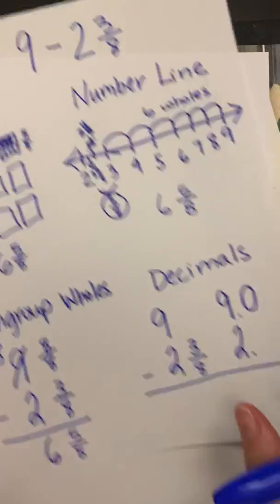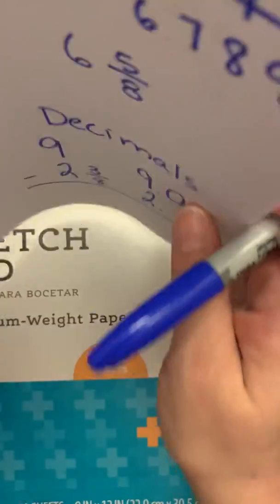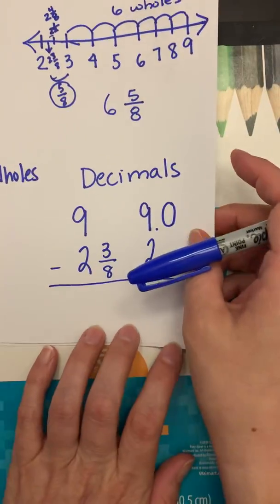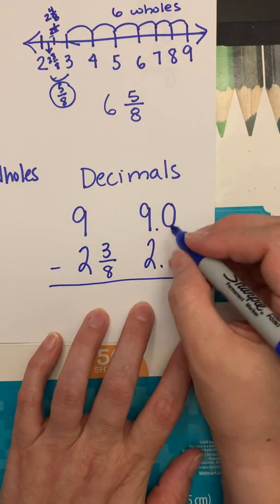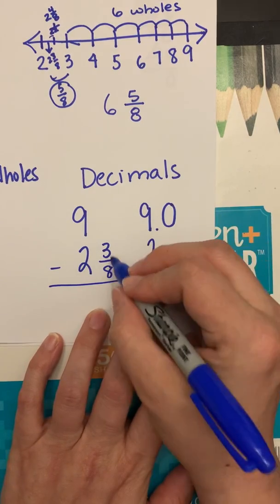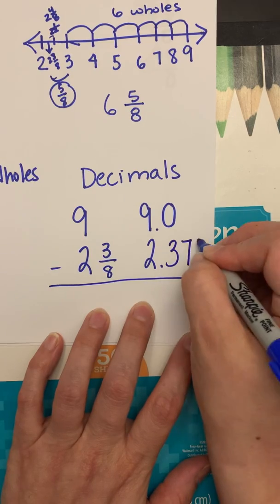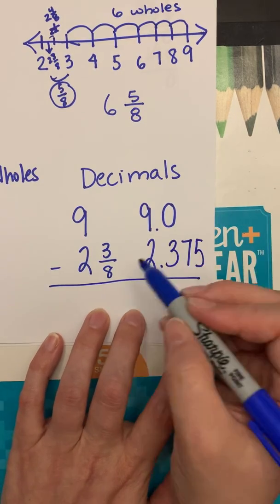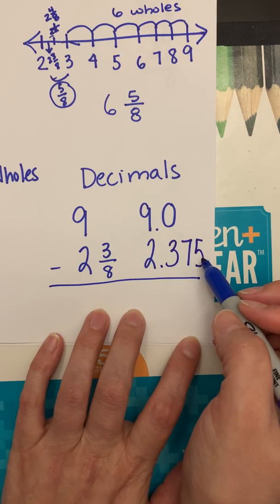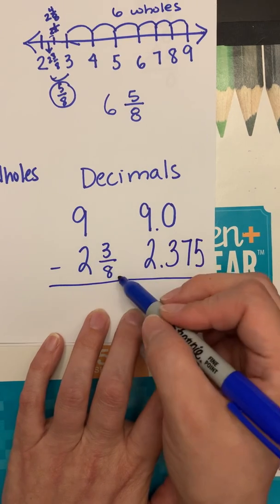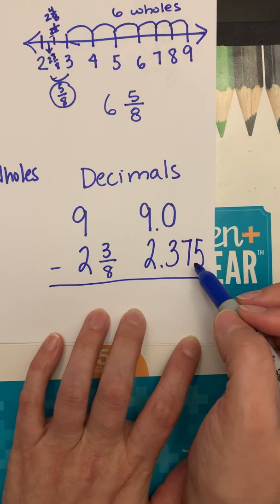So we can actually use that to do our decimal subtraction here. So instead of writing 3/8, I'm going to write 375 thousandths. So 2 and 375 thousandths is the same thing as 2 and 3/8, just written as a decimal.